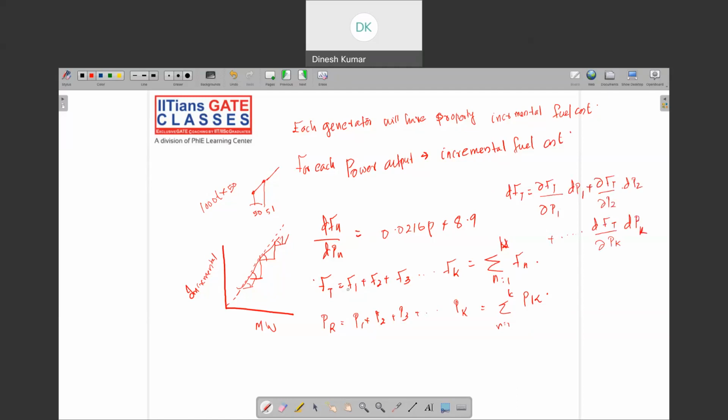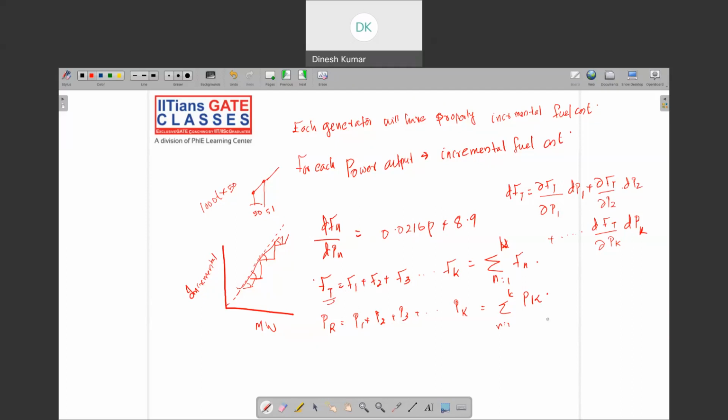Because this Ft is a function of F1, F2, F3, and F1, F2, F3 are functions of P1, P2, P3, because this is the fuel cost. So the incremental fuel cost will be a function of the power generated. That's why we have to consider the partial derivative.